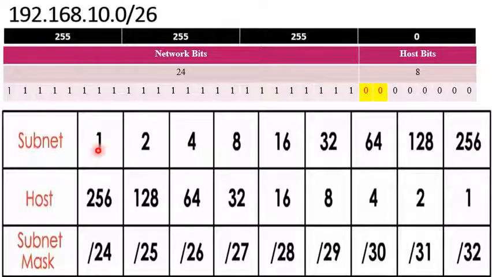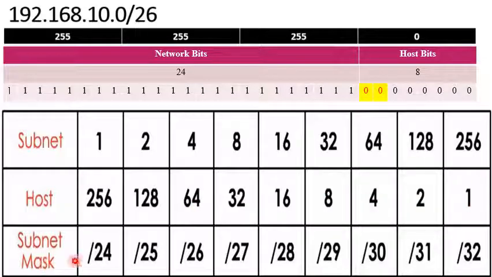Otherwise, the actual concept is what? 2 power 0 to 2 power 8, that is the value. And whatever the host address means, you take the reverse of the first row, and you will get the host address. So you can write the reverse value of the subnet: 256, 128, 64, 32, 16, 8, 4, 2, 1, this is the host address.